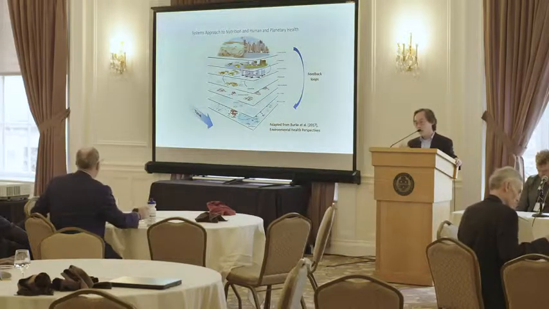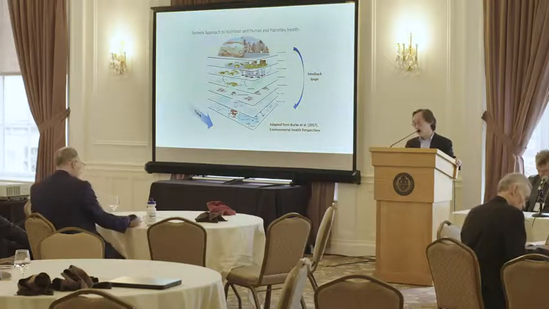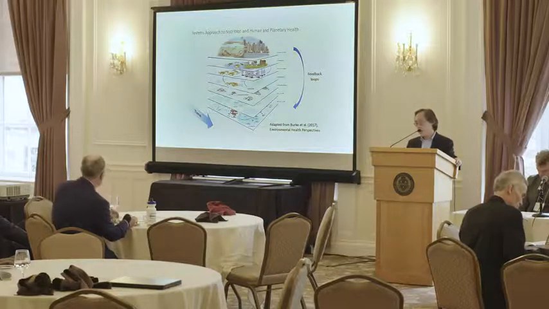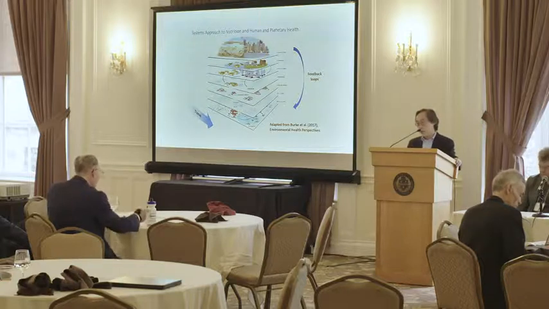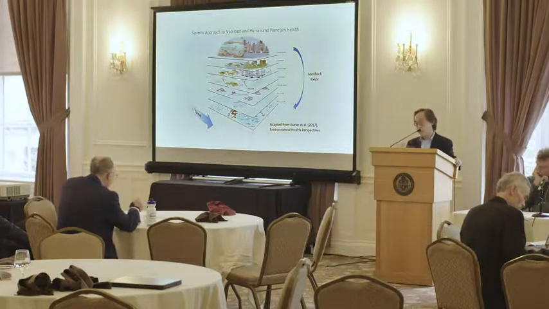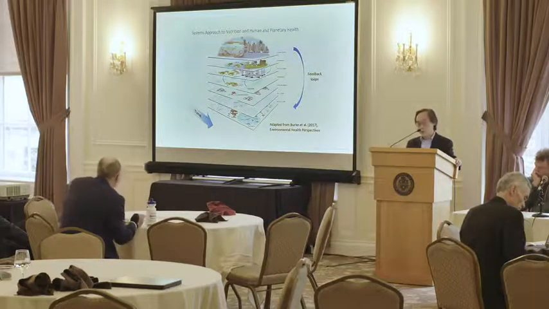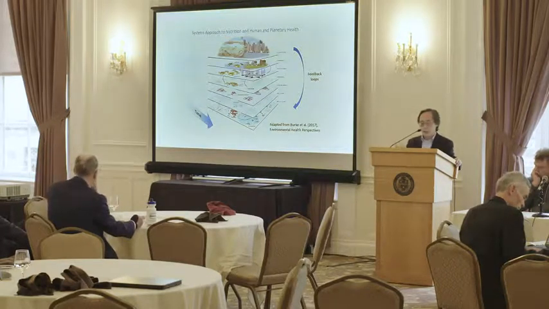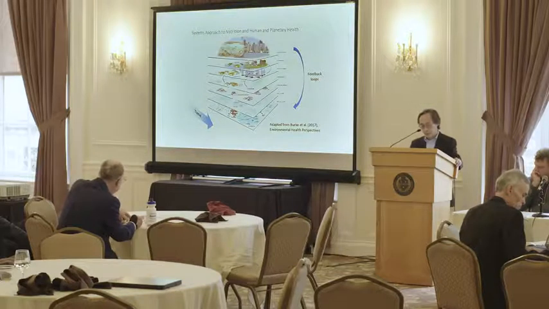So I think this is an area that has enormous potential that can give us a holistic and comprehensive view about our diet on health outcomes, not just at the individual level, but also at the population level, and also at the environmental level.